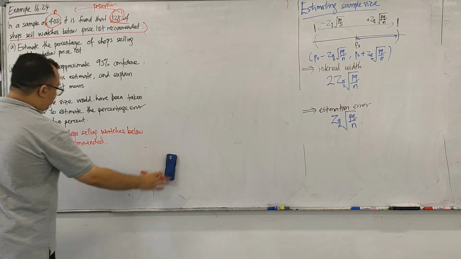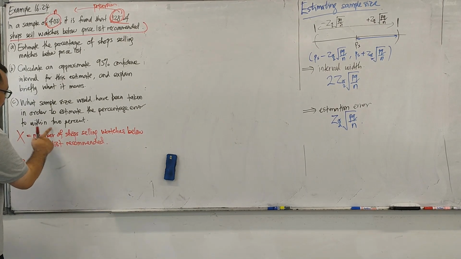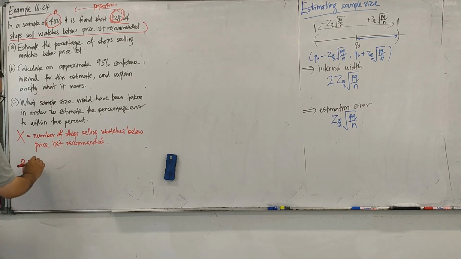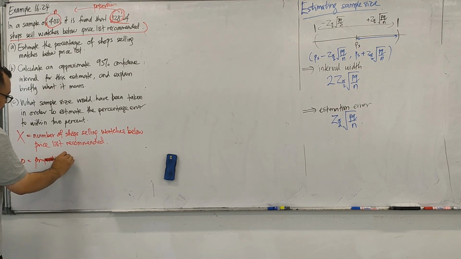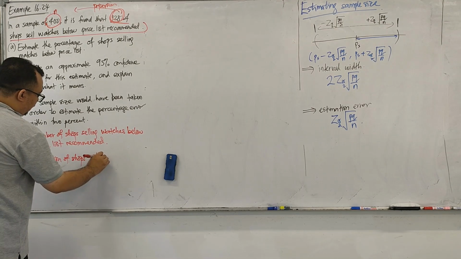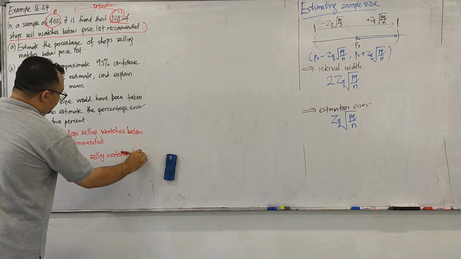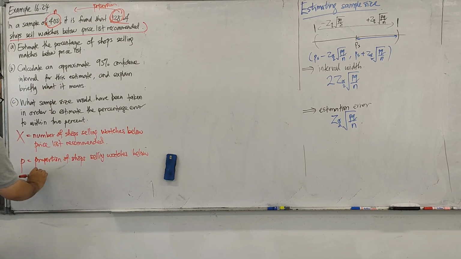Okay, that is your X. Okay, lepas awak dah tulis X, tulis P awak because we are going to work in terms of proportion later on. So P saya akan saya tukar daripada perkataan number, tukar kepada proportion of shops selling watches below price list recommended.